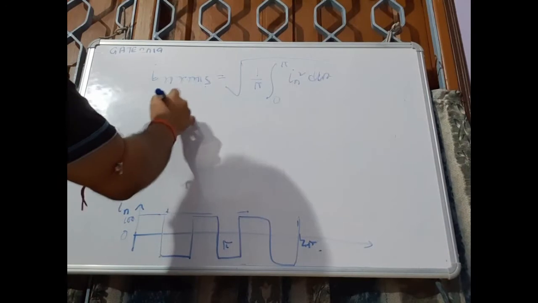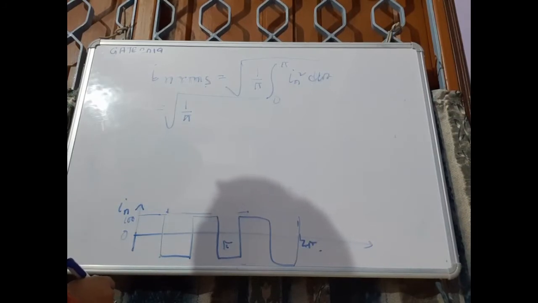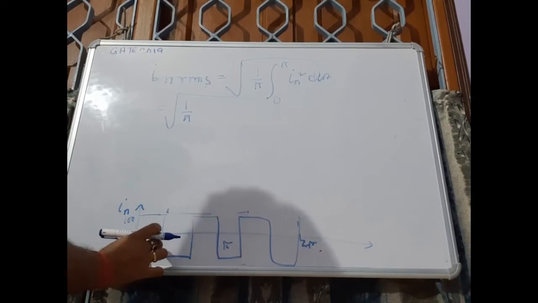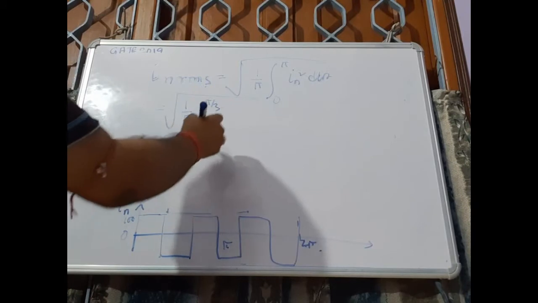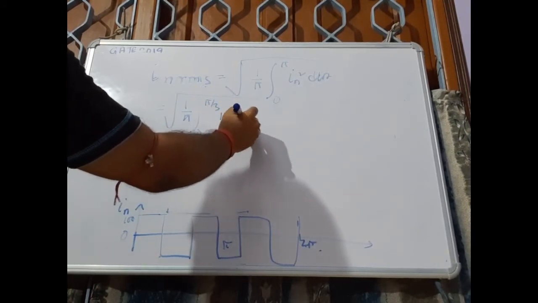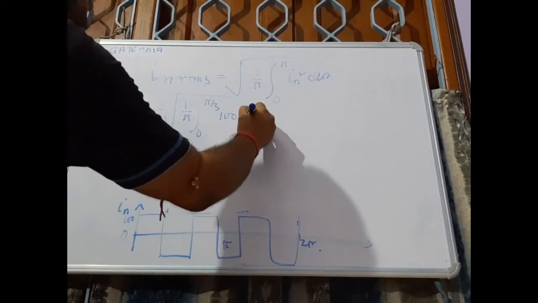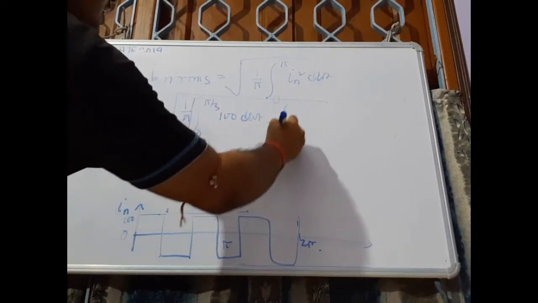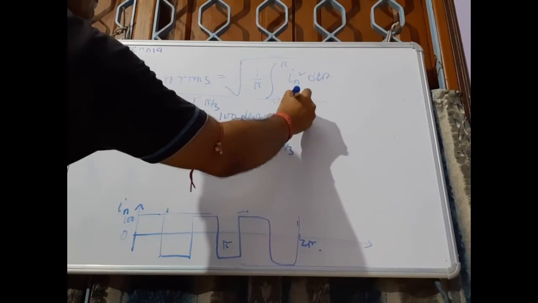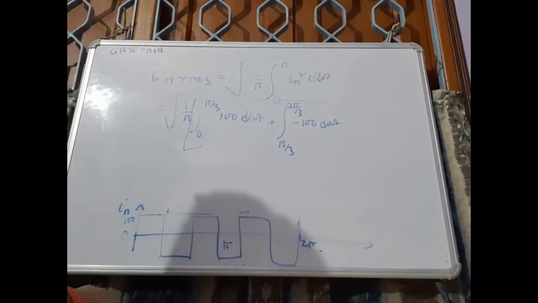Now this will be 1 by pi, from 0 to pi by 3, it will be 100 d omega t, plus, if I take this as common, pi by 3 to 2 pi by 3, we have minus 100 d omega t, right?